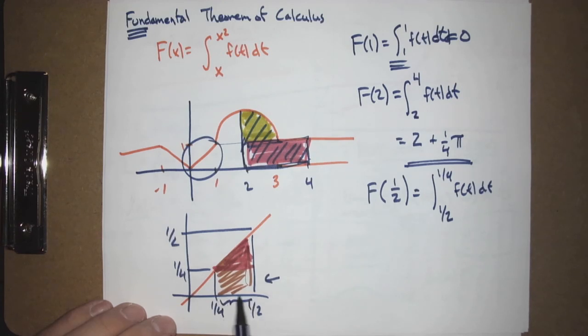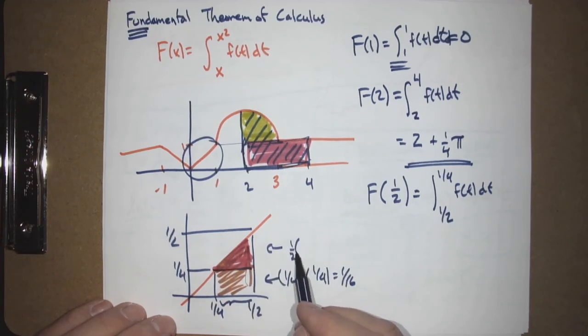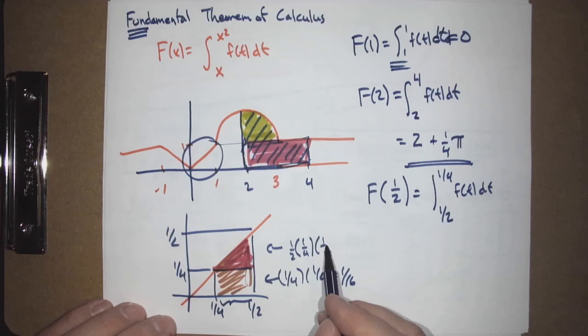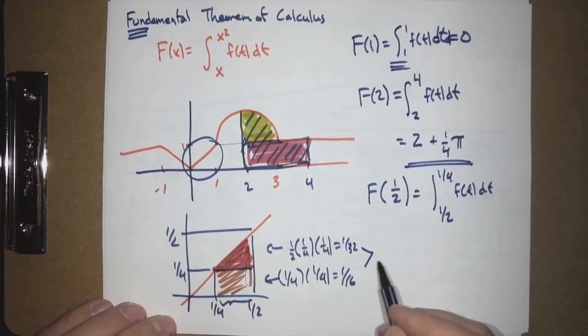Distance from 1/4 to 1/2, 1/4. Height, 1/4. So 1/16. Okay, here, 1/2 base, height, 1/32. Add these up, you get 3/32.